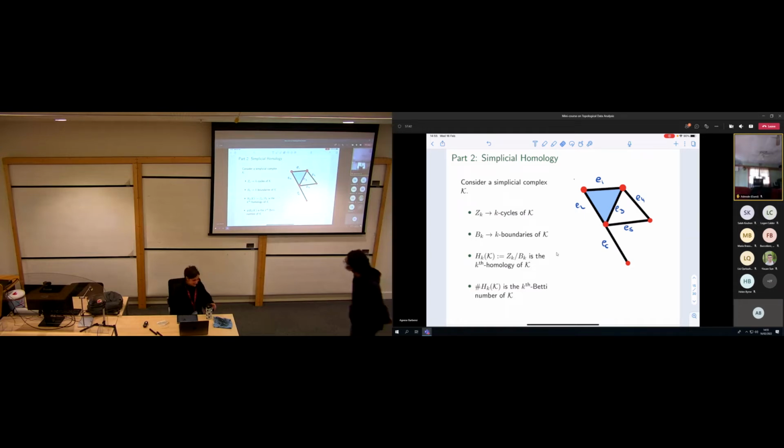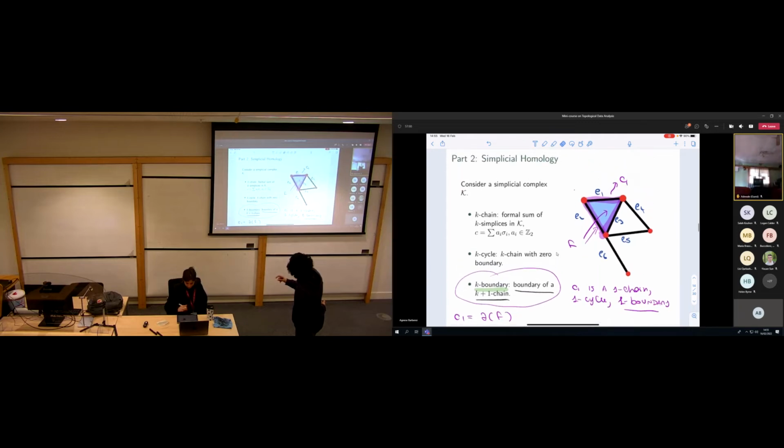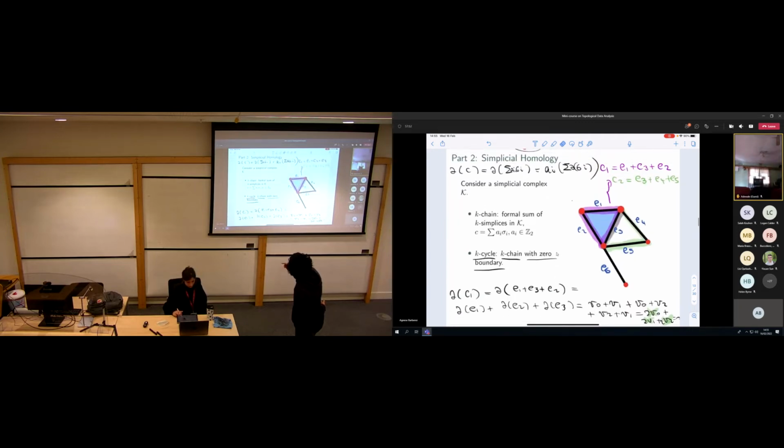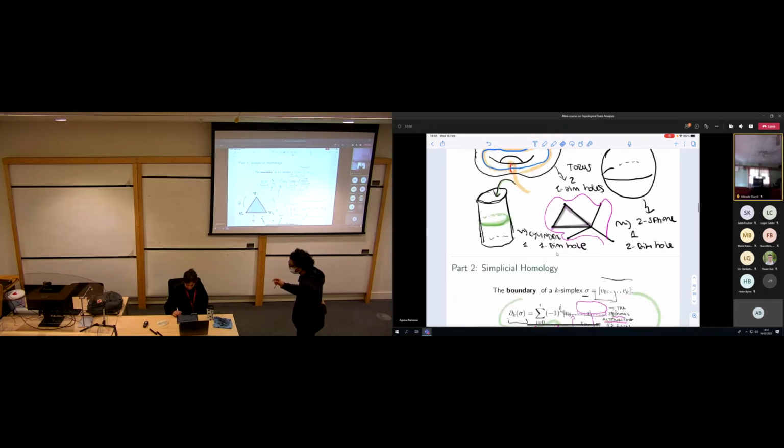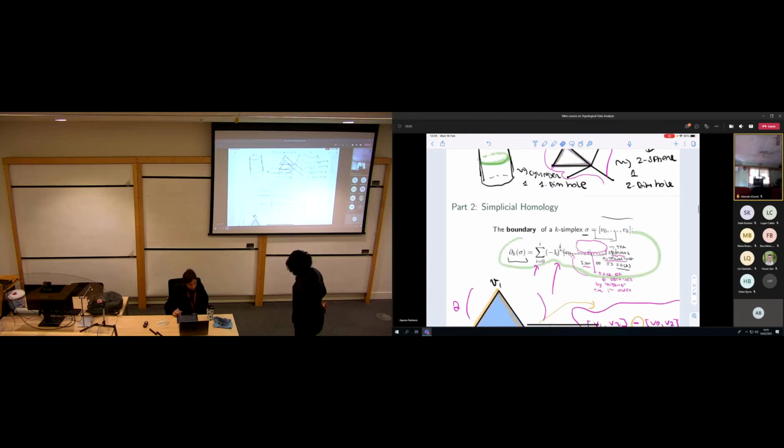Small question. When you were drawing a few slides ago, there's an arrow on the edges. Is this oriented? Is it an ordered set, or is it just a set? If you are working with Z coefficients, yes.